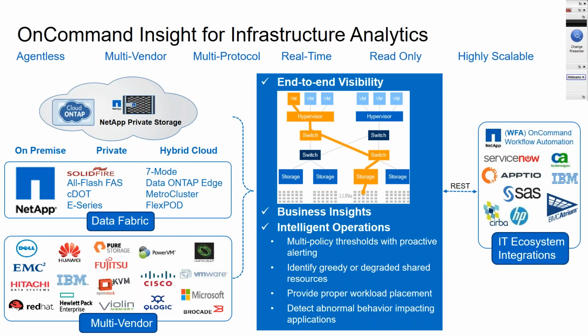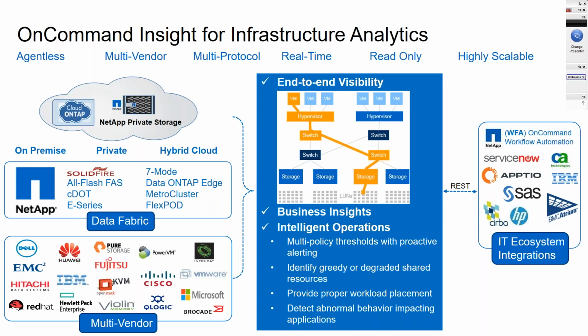Everything that I'm talking about today is available via some of our extensible options, with standard options being SNMP, SMTP, and syslog. We also have a REST API. The information in OnCommand Insight is very valuable and can be leveraged in different tool sets within the ecosystem.